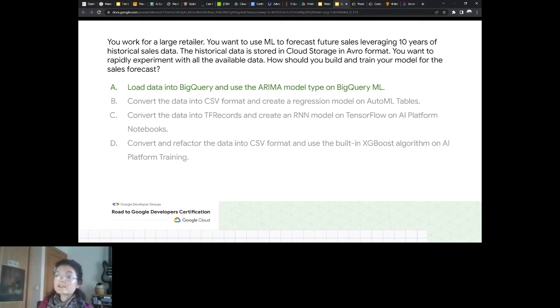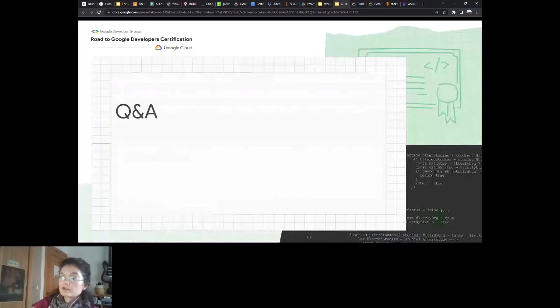So it will take you more time. That's why I was focusing on rapidly experiment. So C could be a valid answer if you didn't have the rapidly part saying that you should get a quick thing. I don't know if it's all clear, but I think that's the last thing we had to show today.